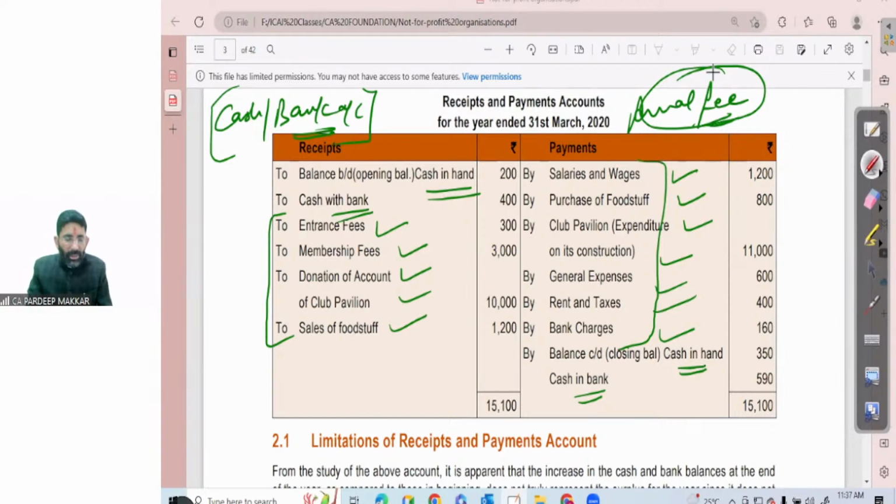Here we have to enter all the revenue, all the incomes, whether it is a revenue or capital receipt. Sir, who will enter into this NPO, because entrance fees are there? Yes, beta. In real life, final accounts and trial balance, whatever we are discussing, are prepared in actual life.